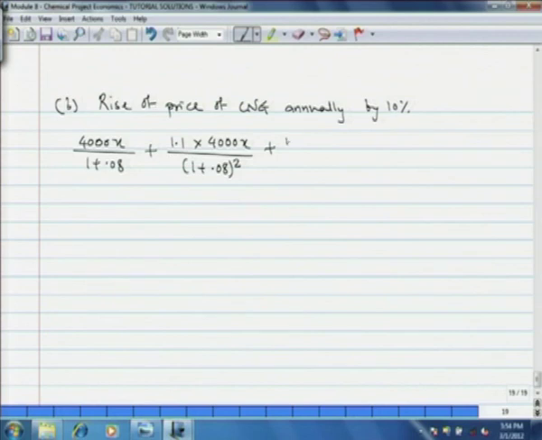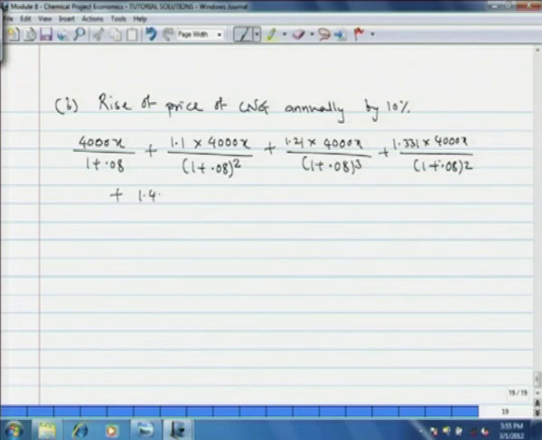So, 1.21 into 4000x over 1 plus I cube, and then 1.331 into 4000x over 1 plus 0.08 to the power 4, and so on, and this is equal to 5 lakh.